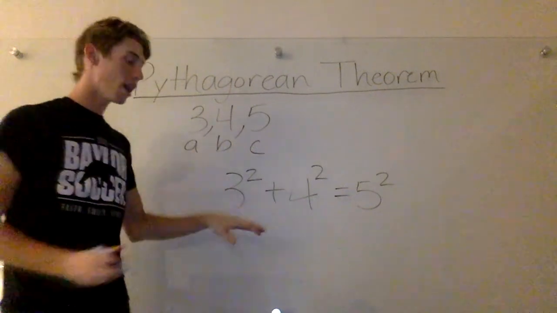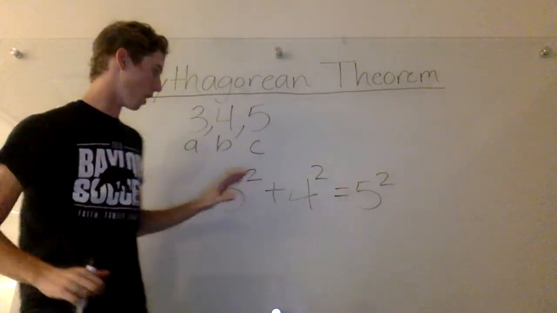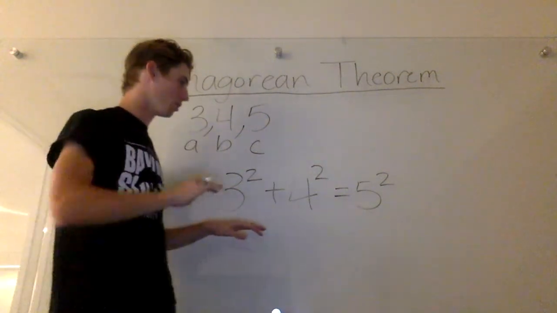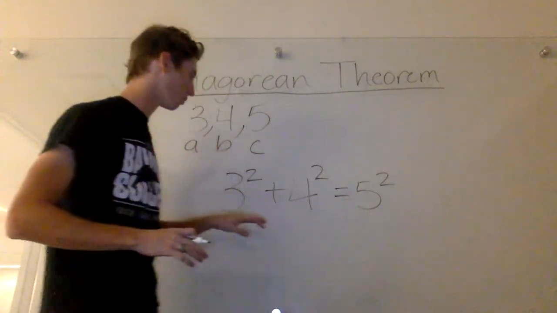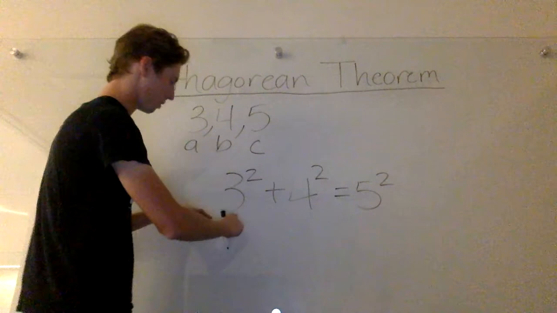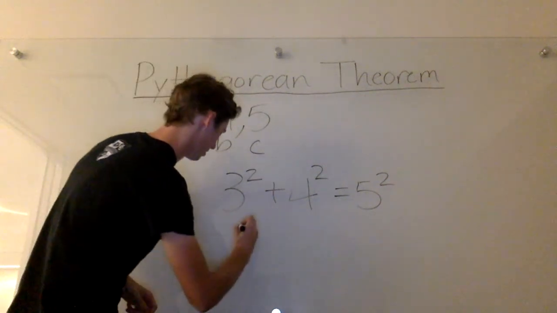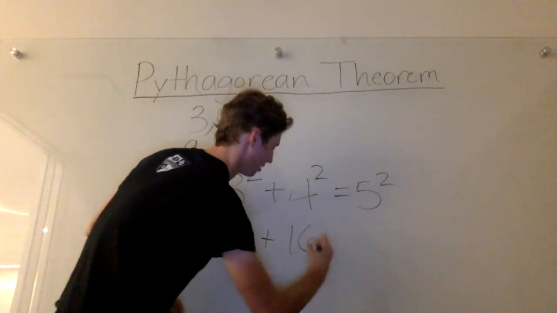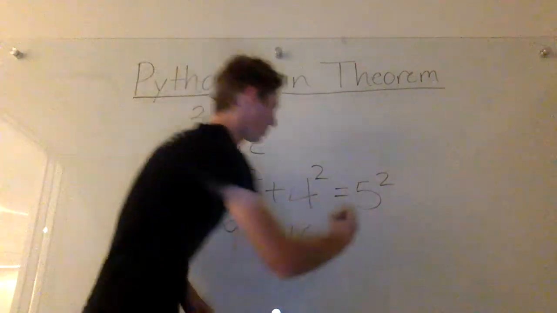All right, so now basically you're just trying to decide whether this makes sense, whether this is true. So you can either type this in your calculator, or if you're comfortable with squares, we'll just do it that way. We've got 3 squared, which is 9, 4 squared, which is 16, and 5 squared, which is 25.